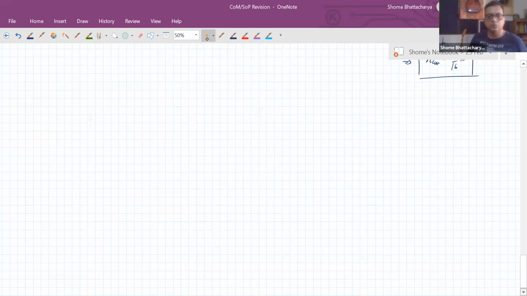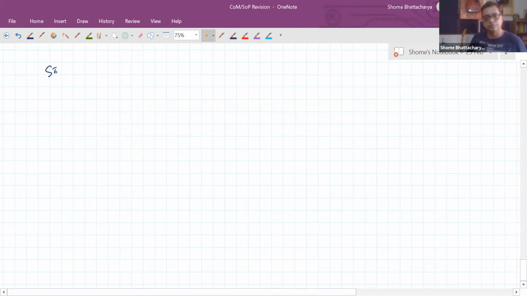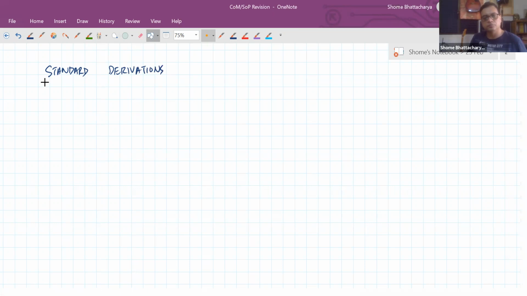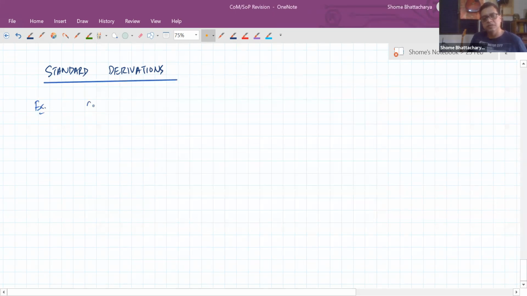Okay, next let's move on to some of the standard derivations. For example, center of mass of a thin semicircular shaped arc.